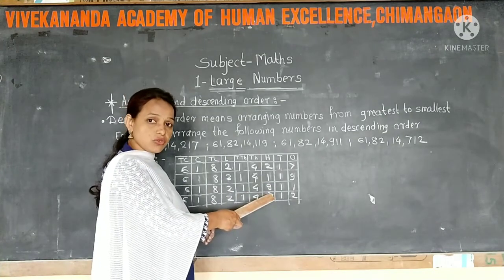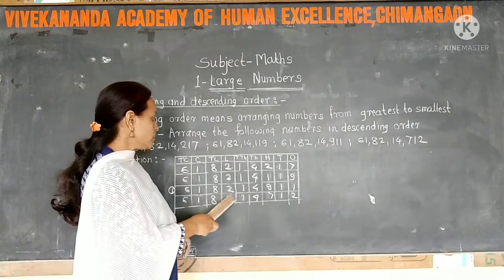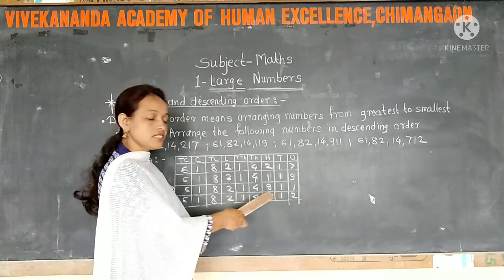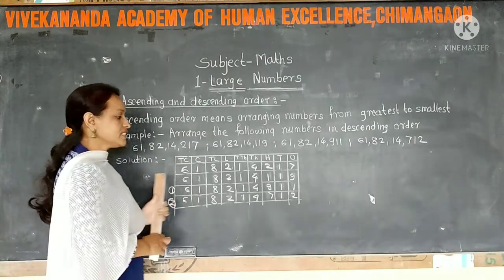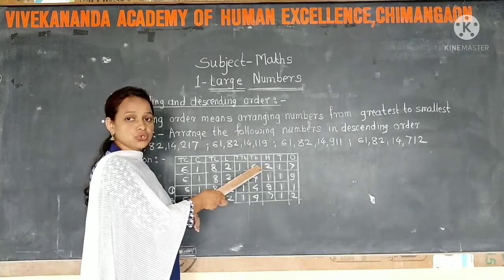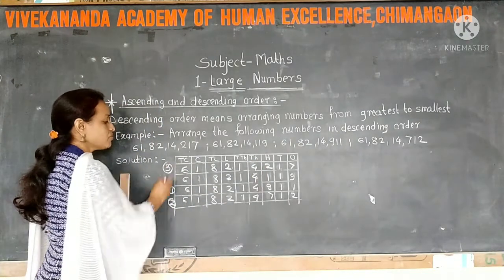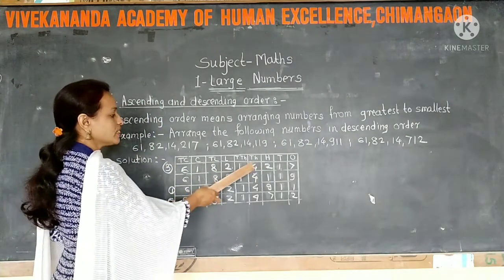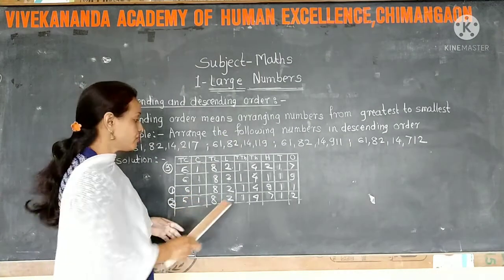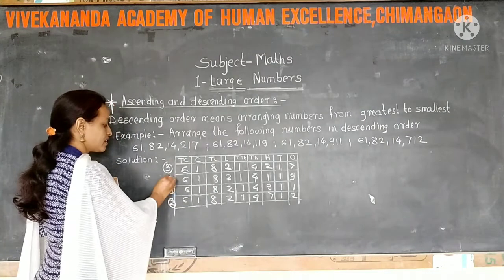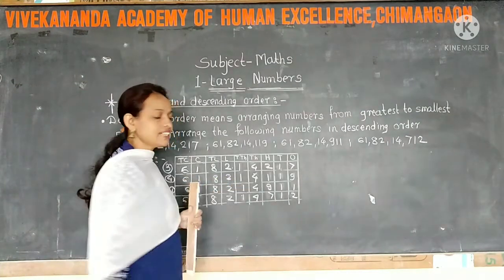So second most number, we write 61 crore 82 lakh 14,712. Less than 7, 2. So third most number, we write 61 crore 82 lakh 14,270. And smallest number among this given 4 number is second, 61 crore 82 lakh 14,190.